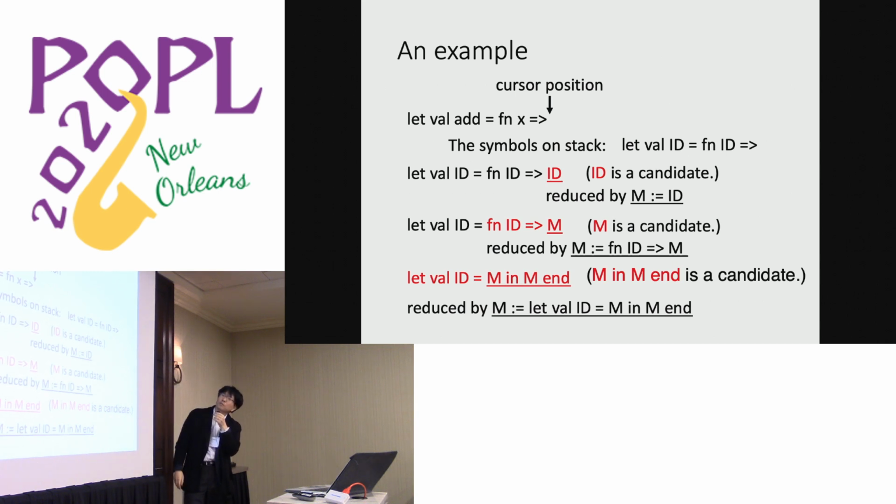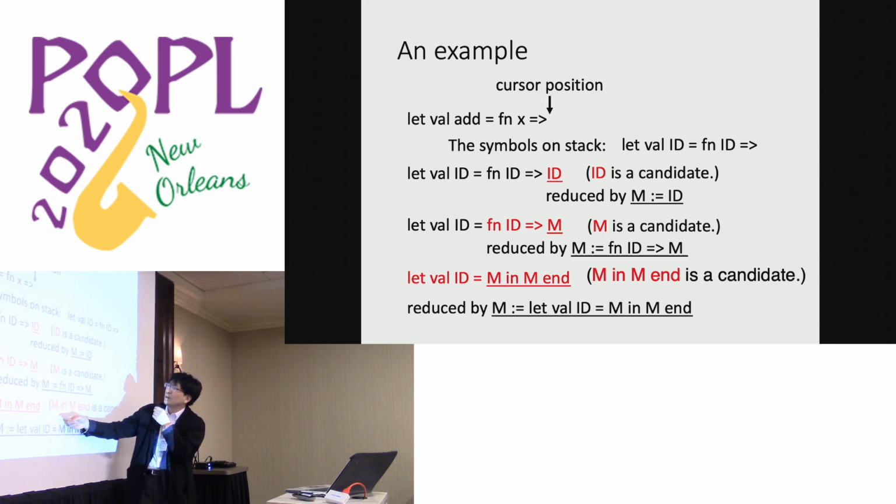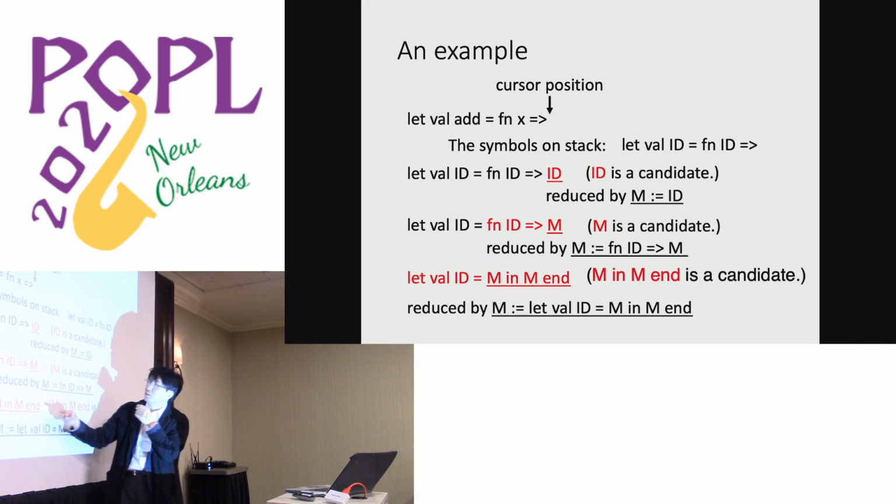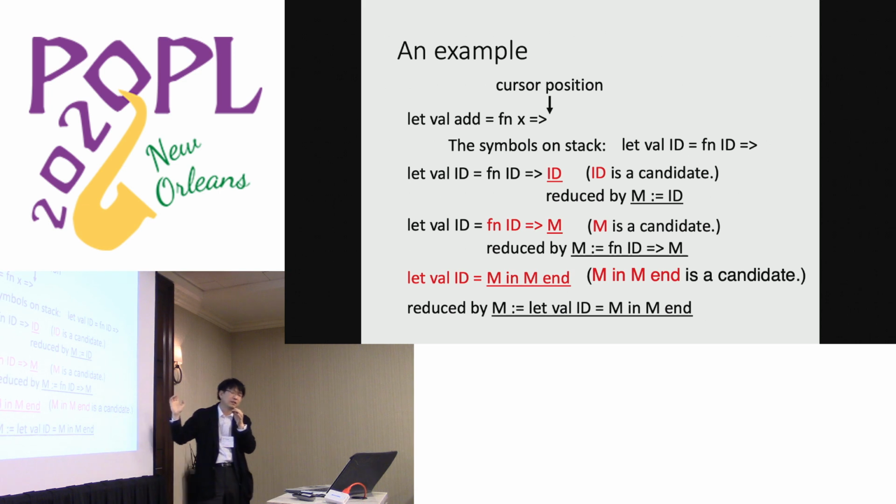And the third candidate may be this one, m in m end. By adding this one, we obtain this kind of thing in the stack in the error parser. Then this can be reduced by this production. So the whole part is the target of the reduction in this case.